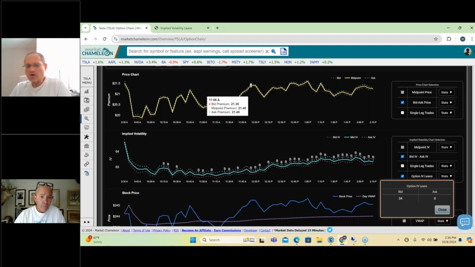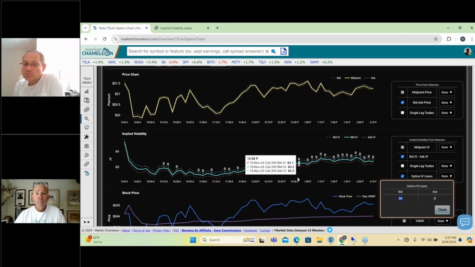Out of all our snapshots today, we detected 34 snapshots where there was implied volatility lean on the bid side, 0 on the ask. So this has shown us that it was pretty persistent throughout the day, that the market looked similar to what we're looking at right now, with an implied volatility lean on that bid.